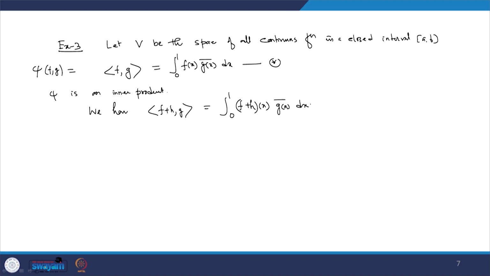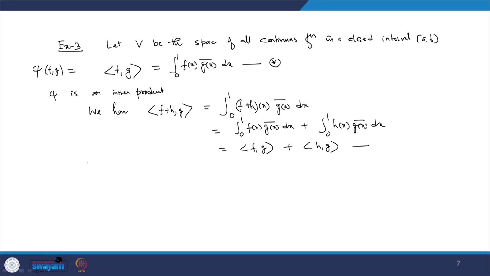Since the integral is a linear operator, I can write this as the integral from 0 to 1 of f(x) g(x) bar dx plus the integral from 0 to 1 of h(x) g(x) bar dx. So this is equal to the inner product of f and g plus the inner product of h and g. So, the linear property holds good.